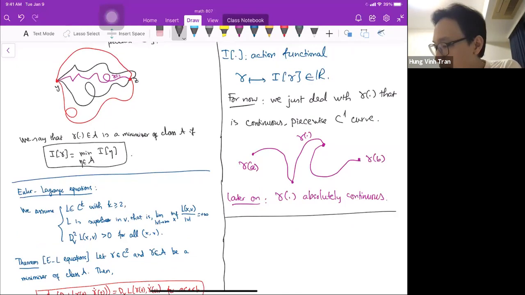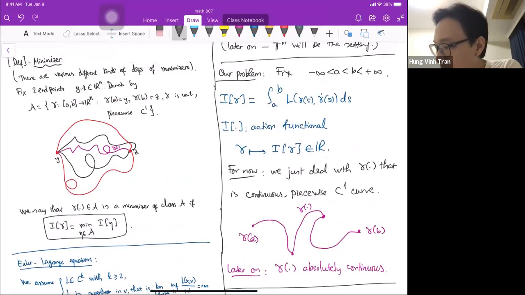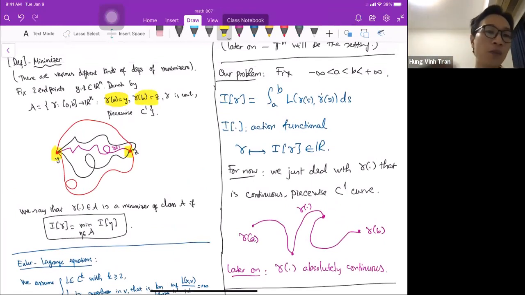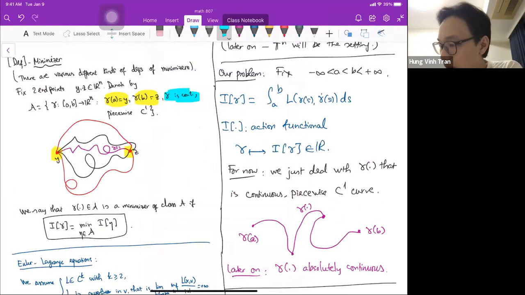So we're going to deal with a problem where you fix the two endpoints. The two endpoints, gamma of a equals y and gamma of b equals z, are fixed, and you vary all possible gammas that are available there. And again, for simplicity, we assume that gamma is a continuous and piecewise C1 curve. So this I is called the admissible set.